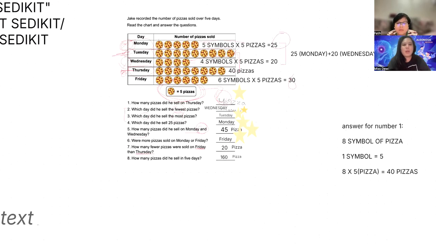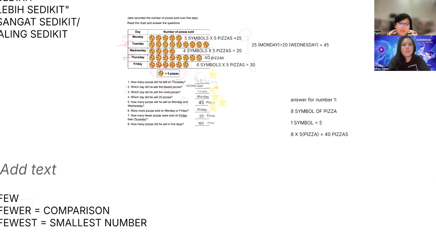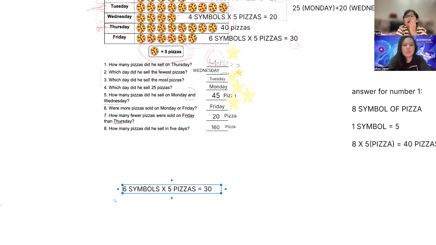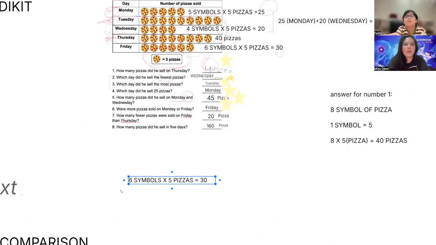What you need to do is compare the Thursday pizza, which is 40 pizza, with Friday, which is 30 pizza. Correct?